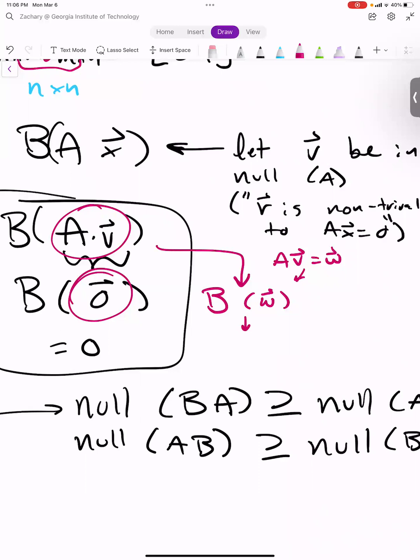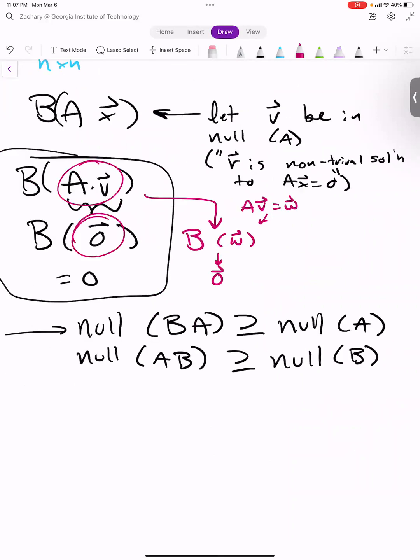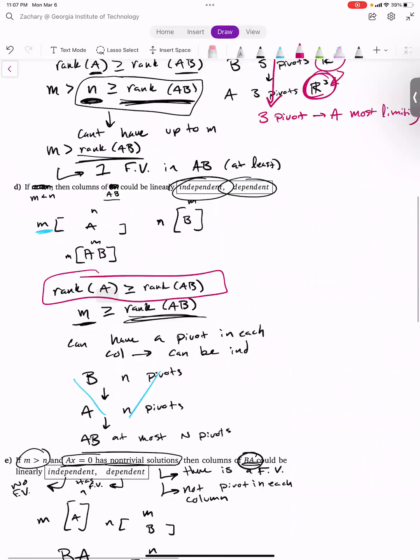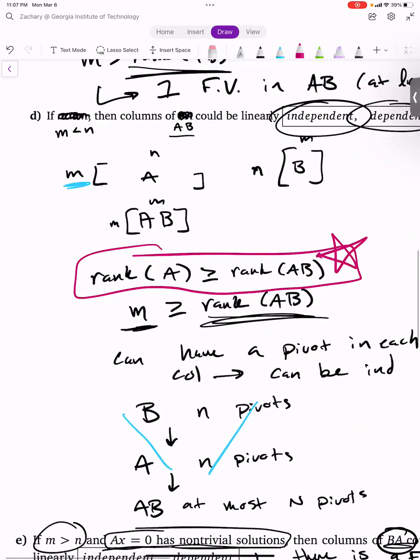So B can add to this null space. A is the most limiting factor, or the second thing is the most limiting thing for null space. And up here we had the first thing as the more limiting thing for column space.